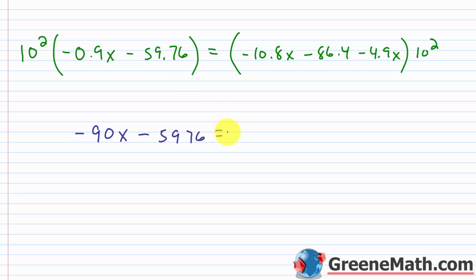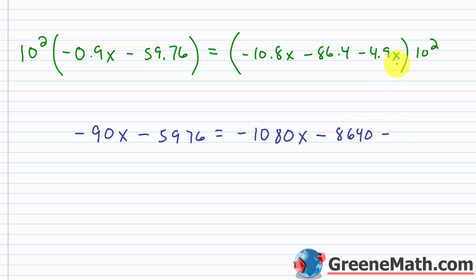5,976. Then over here, if I multiply 10 squared by each term, my negative 10.8x, this goes 1, and then a second place to the right, so negative 1,080x. Then minus, this would go 2 places to the right, so 8,640.